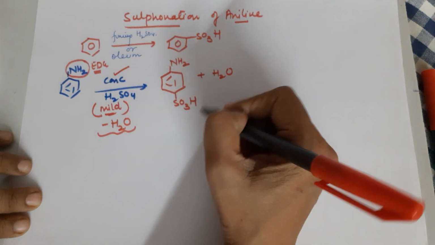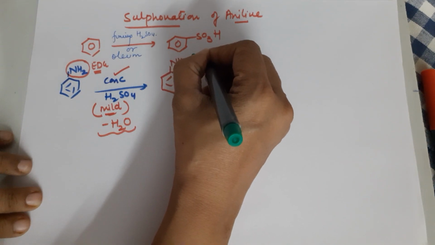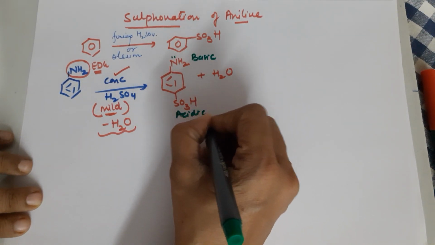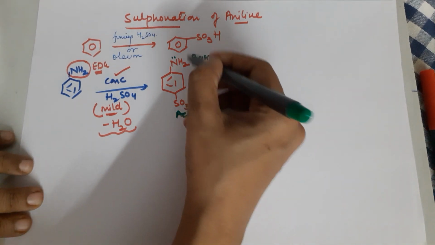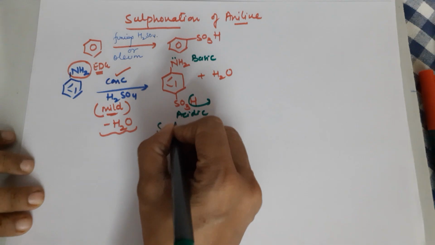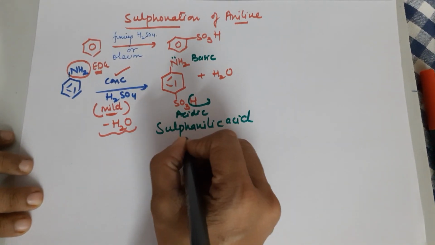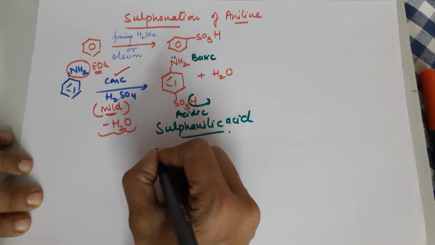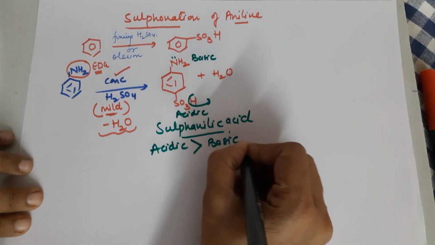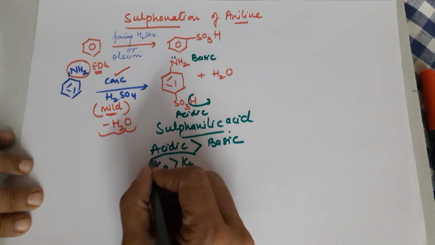Now this particular compound की speciality है. पहली बात, इसमें ये वाला ग्रुप बेसिक है क्योंकि इसमें लोन पेयर है, ये वाला ग्रुप एसिडिक है क्योंकि ये H पॉजिटिव को छोड़ता है. यानी इस कंपाउंड में बेसिक एरिया भी है, एसिडिक एरिया भी है, पर इसका नाम सल्फेनिलिक एसिड है. क्यों? क्योंकि इसका एसिडिक कैरेक्टर इज ग्रेटर दैन द बेसिक कैरेक्टर. यानी Ka value is greater than the Kb value.